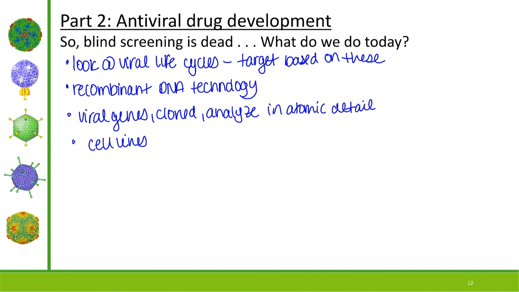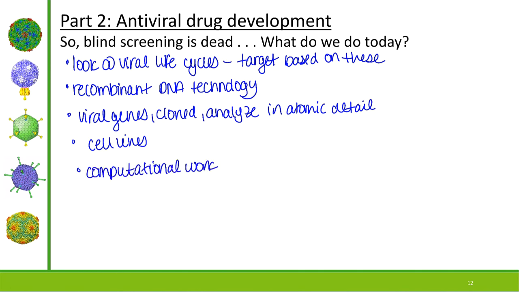So we talked about X-ray crystallography and cryo-EM earlier in the semester. Much of those techniques are used for the atomic detail and for some of the structural data that we do. So we definitely do things like computations as well, so a lot more computational work.